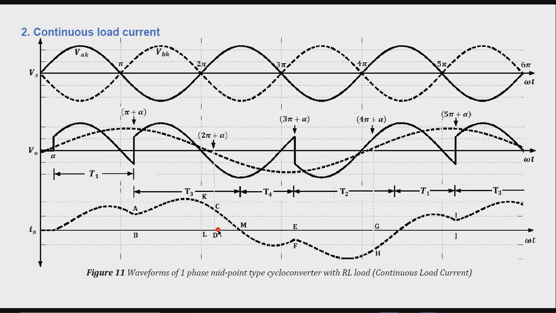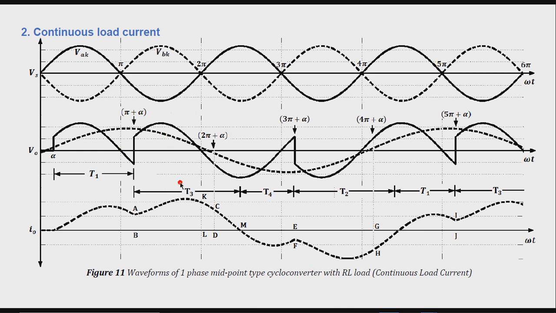The positive group of voltage and current consists of two pulses, and likewise the negative group. The supply voltage has gone through 4 half cycles, so the output frequency is half of the supply frequency.